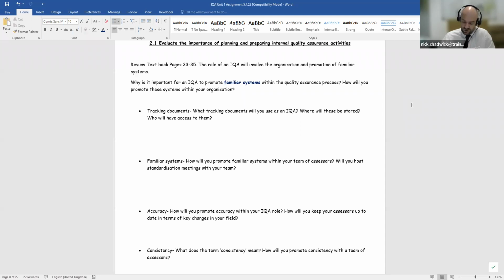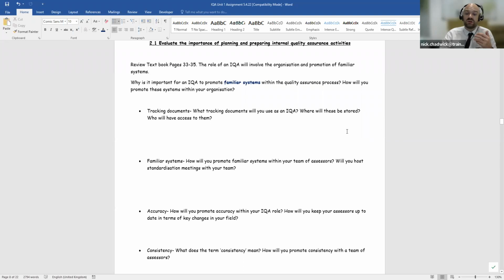And as an IQA, one of your key challenges is to promote familiar systems within the quality assurance team. Your role as an IQA is to ensure that your teachers and trainers are familiar with certain systems.